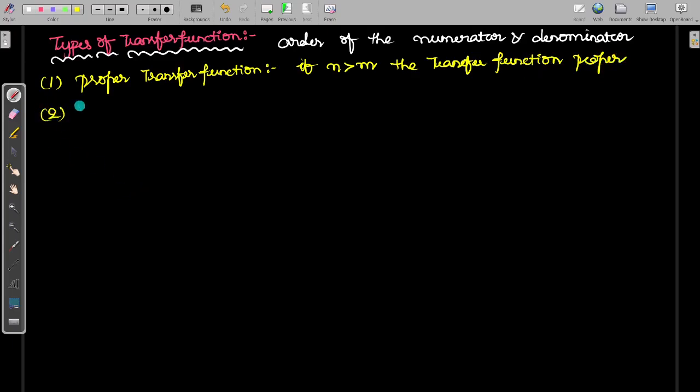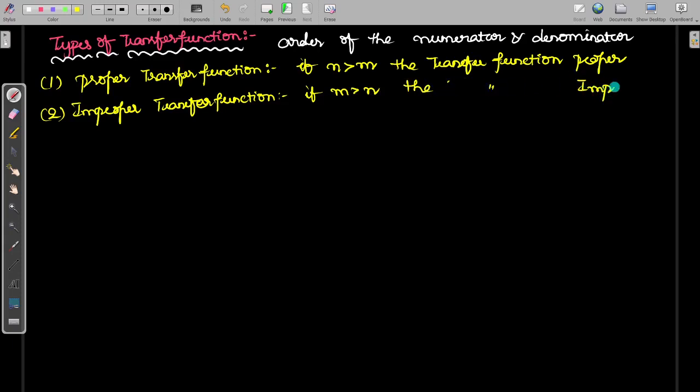Second one is improper transfer function. Improper transfer function means that if m is greater than n, the transfer function is improper.